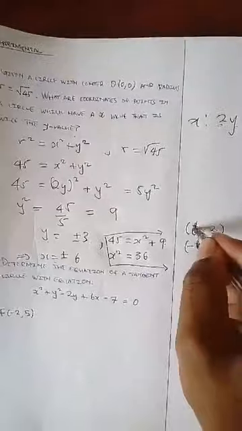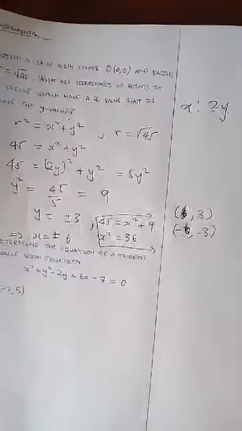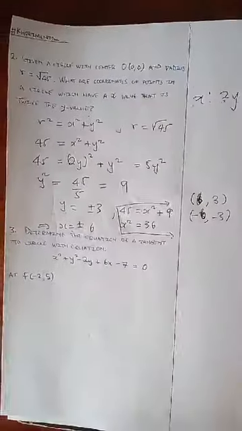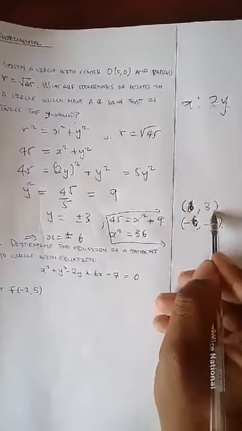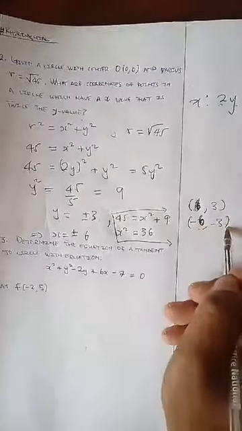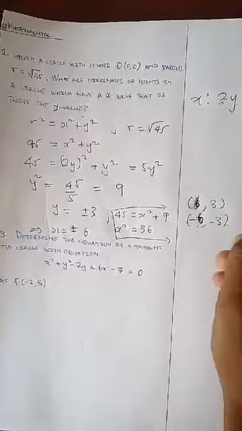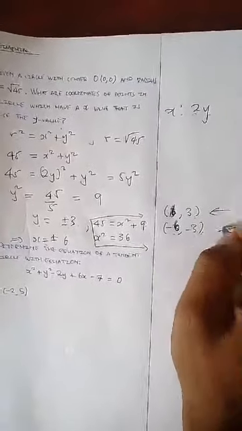So these are the two coordinates where x is twice the value of y. And you can see 6 is 2 times 3, minus 6 is 2 times minus 3. So we have found these coordinates.